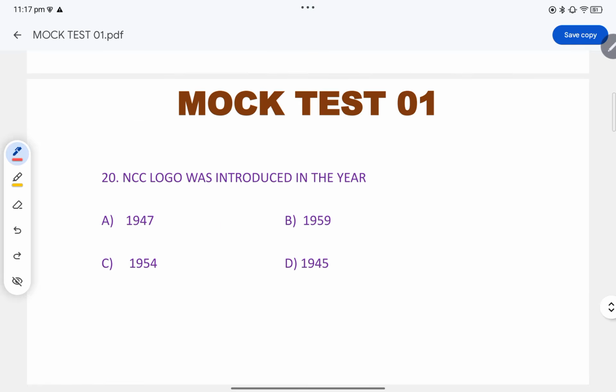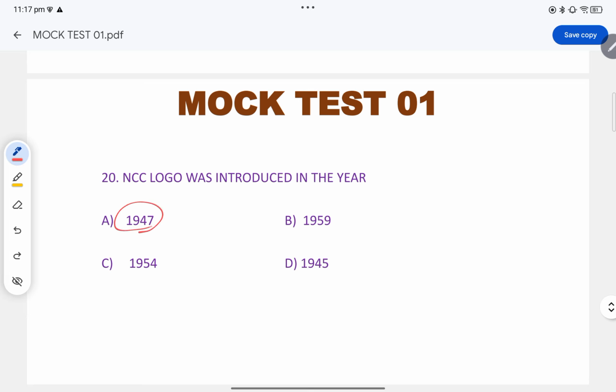In which year was the NCC logo introduced? 1947? We got independence, and we didn't plan anything in this year. Then nothing happened. You have to understand it that way.